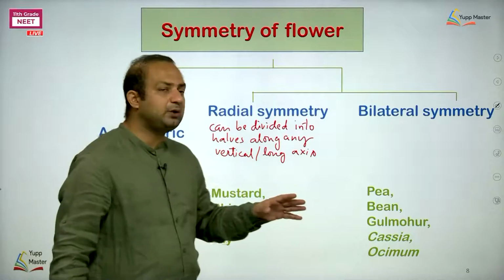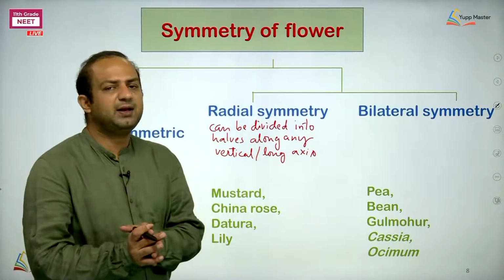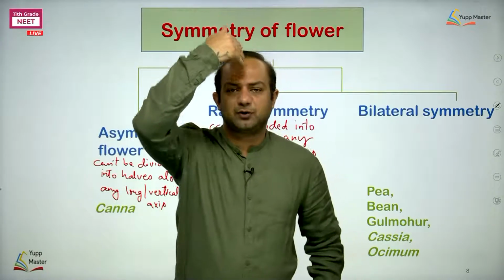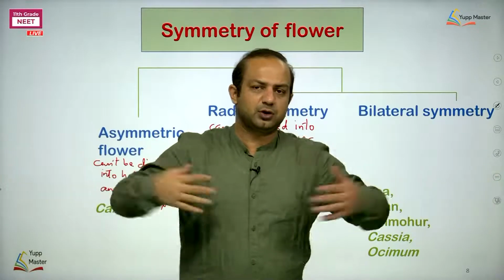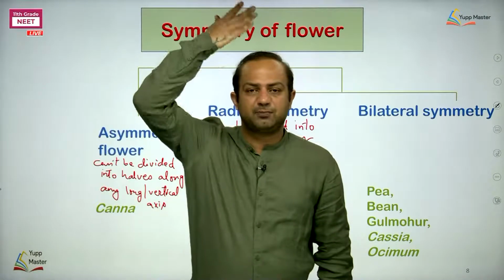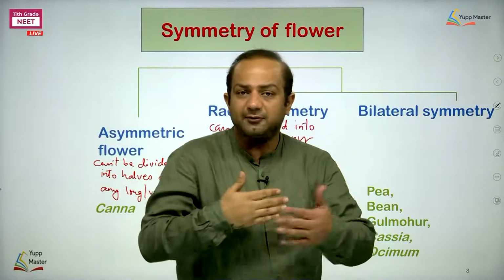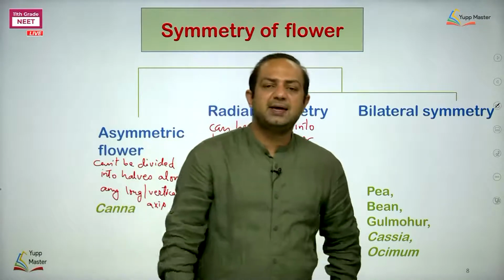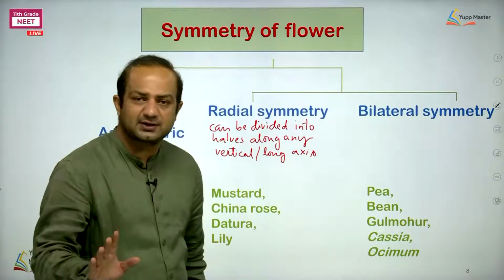Whereas if you are able to divide the structure into two only along one axis, it is bilateral symmetry, just like our body, right? If we cut our body along this vertical axis, we have two equal halves. But when you cut the body from this plane, obviously you are not able to get halves. So our symmetry is called bilateral symmetry. Now remember, symmetry has nothing to do with the number of parts.